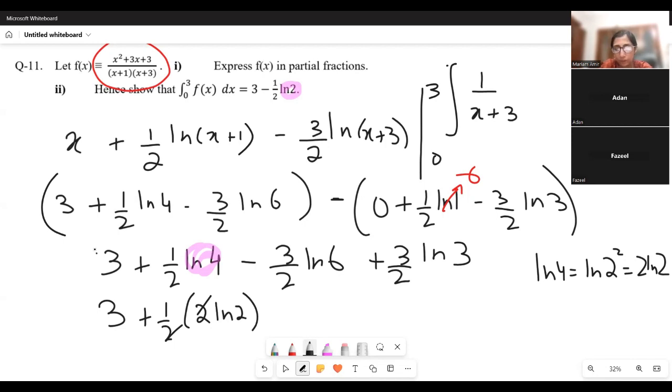Okay. उसके बाद क्या किया जा सकता है कि अब अगेन ना 6 चाहिए ना 3 चाहिए, हमें 2 की कोई पावर चाहिए ताकि वो फर्दर सिंप्लीफाई हो.